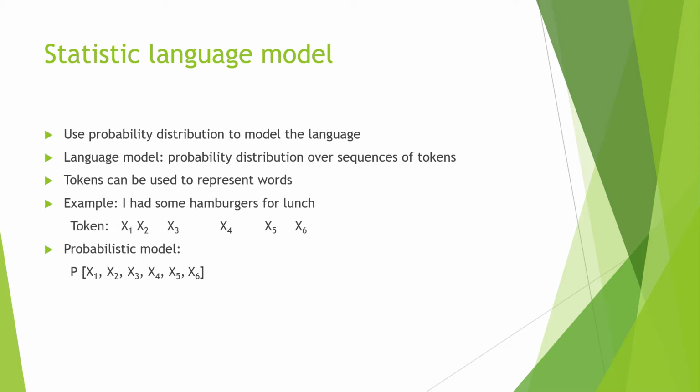So for example, we have text now, I had some hamburgers for lunch, and then each word inside a sentence is a token, and if I have some duplicate words, say I have two some or two hamburgers in this sentence, they will contribute to only one token, but their probability will increase because they have higher frequency than other words.